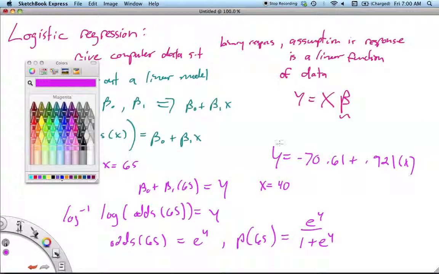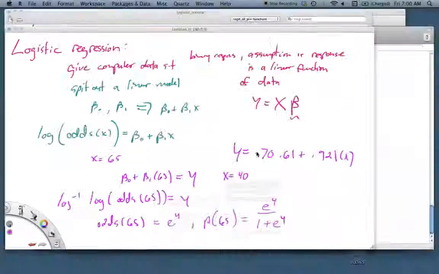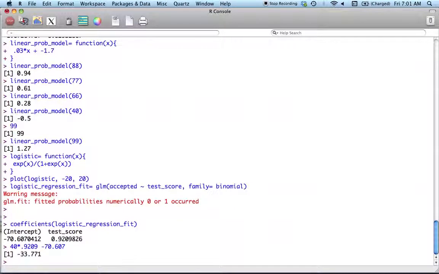Okay, so here's what we do. We'll go and plug in 40 times 0.9209 minus 70.607, and we get this thing. And we might be saying, oh dear, that thing's just as negative as the next.